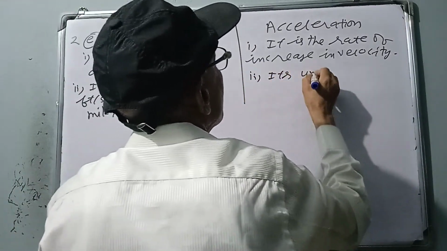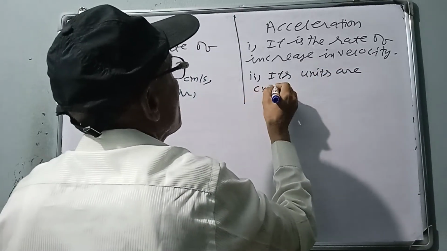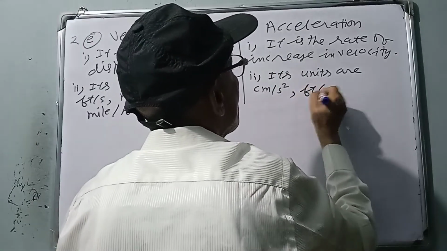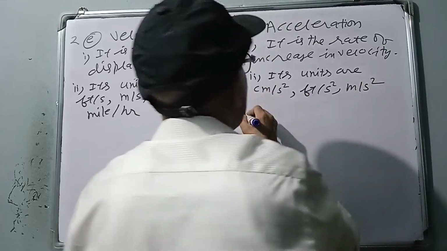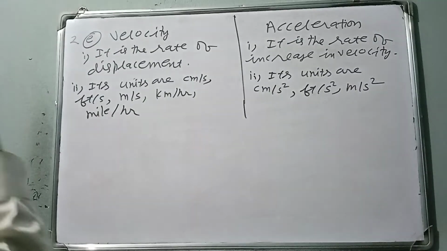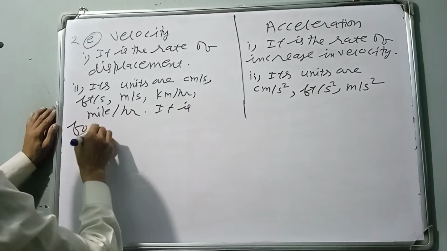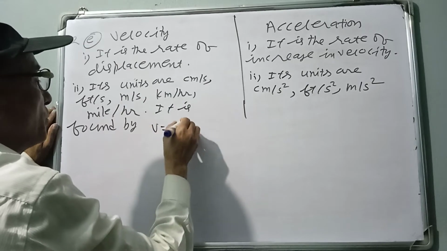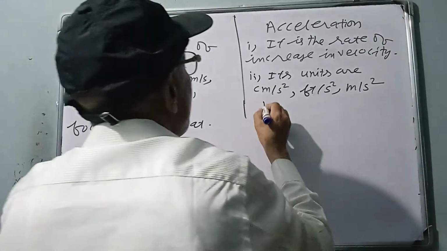Its units are centimeter per second square, CGS, feet per second square, and meter per second square in SI unit, and it is found. It is generally found by V equal U plus AT. Velocity V equal U plus AT.